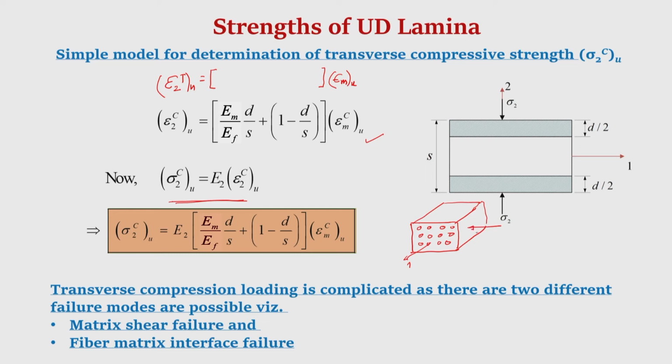Suppose in direction 2 it is subjected to transverse compression, say sigma 2. Because of this it might experience shear failure. That means, if you look at this cross section at an angle of 45 degrees, it might experience shear, and it may fail like this.